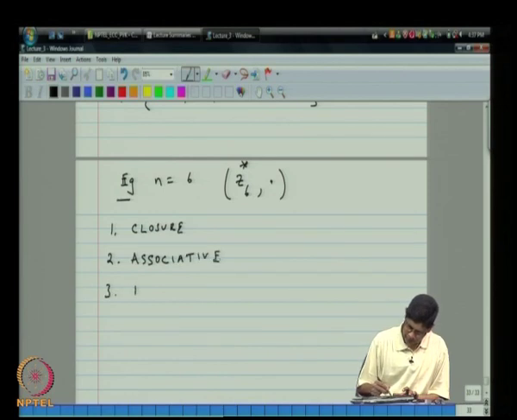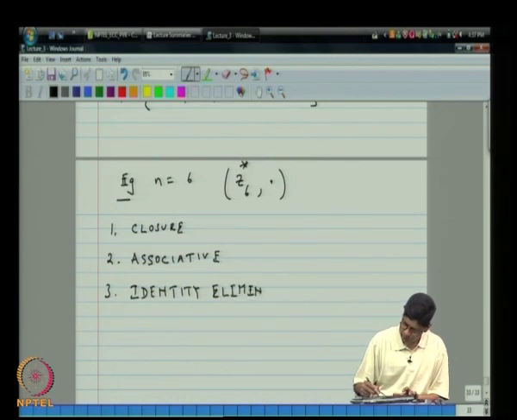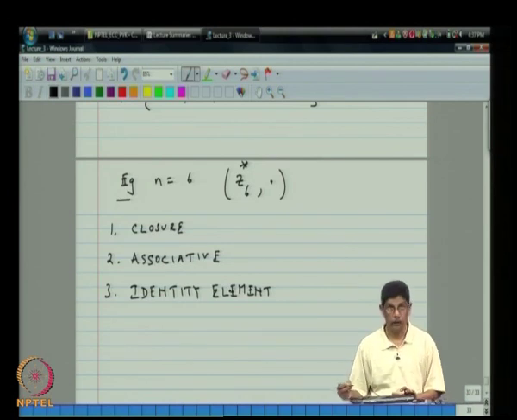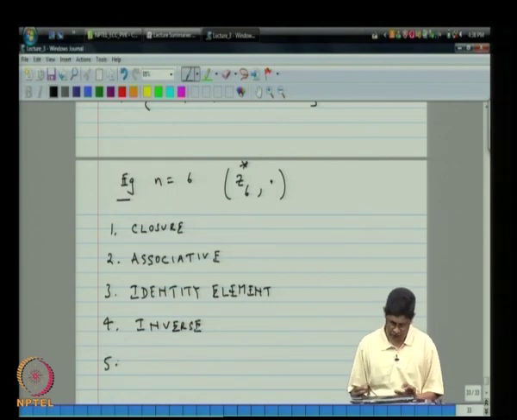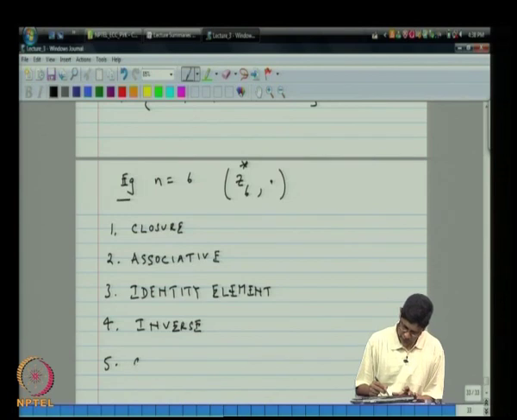Then you needed the presence of an identity element. You needed the presence of an inverse, and in the case of an abelian group, you needed that it be commutative.